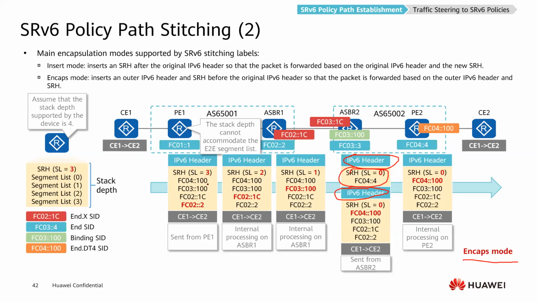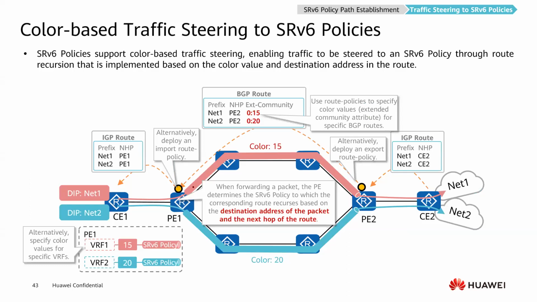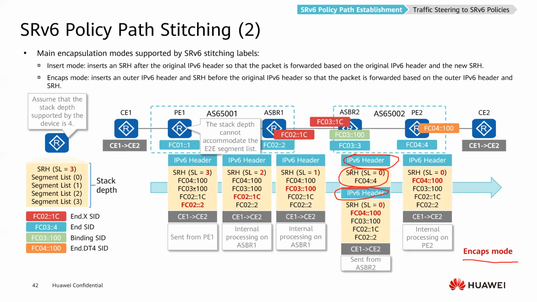Okay. So this is how you establish the SRv6 policy path. Any question for that?